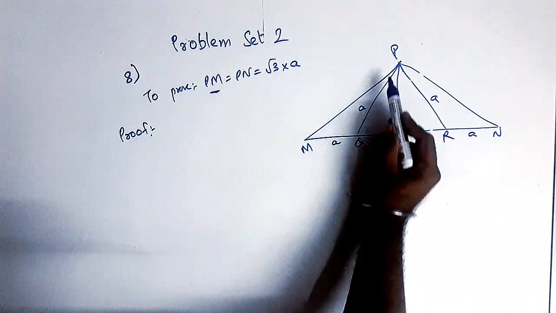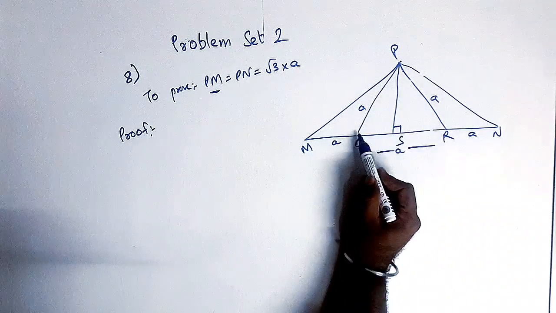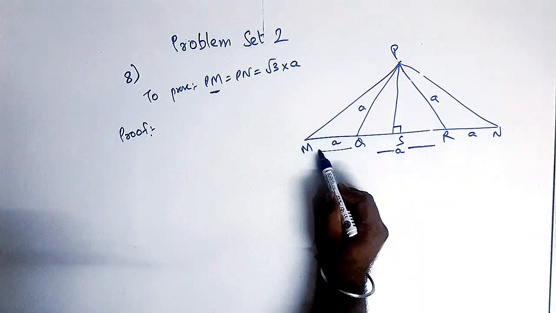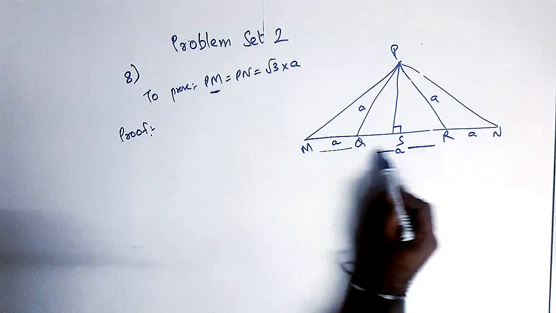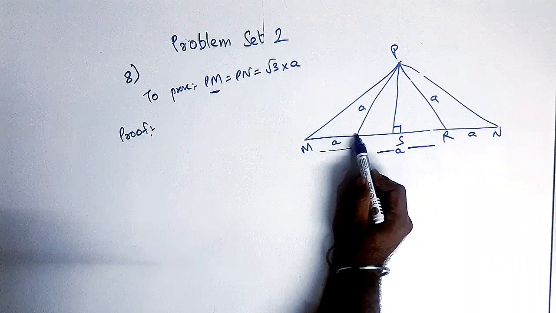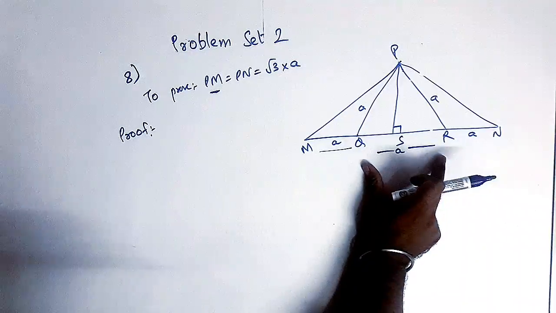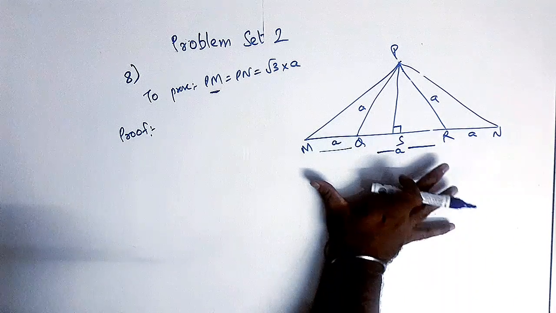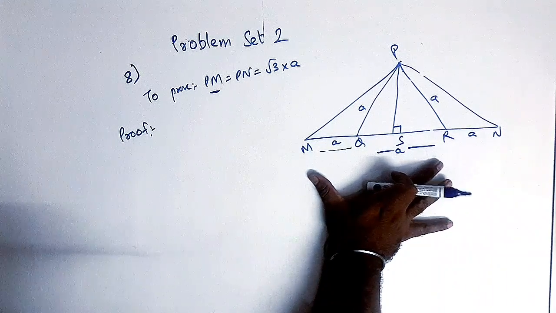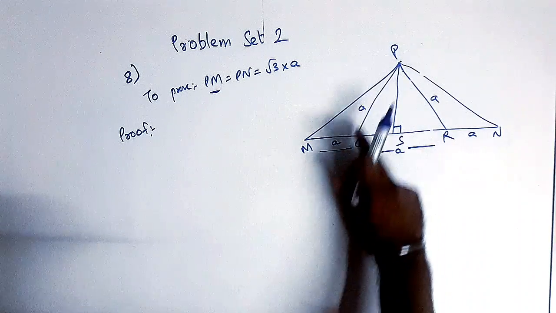So if you see PMR and look at Q, QM is A, QR is also A. So can I say Q is the midpoint? Yes. That means Q is the midpoint of MR. Correct? That means PQ is the median.